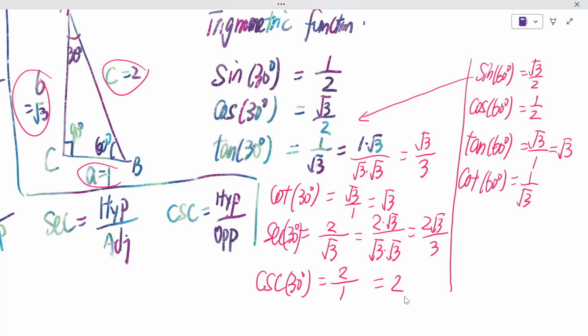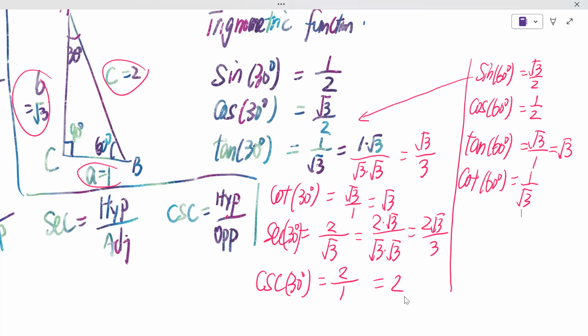So you should remember the process, right? How people come up with all these trigonometric special angles. How do we come up with this? That's more important to look at.